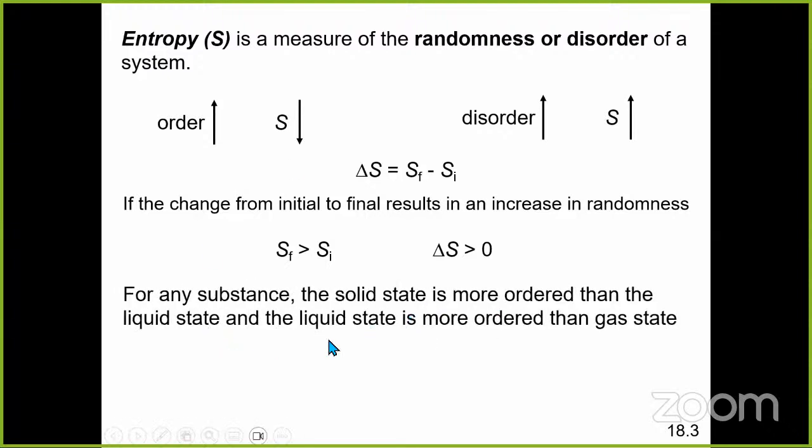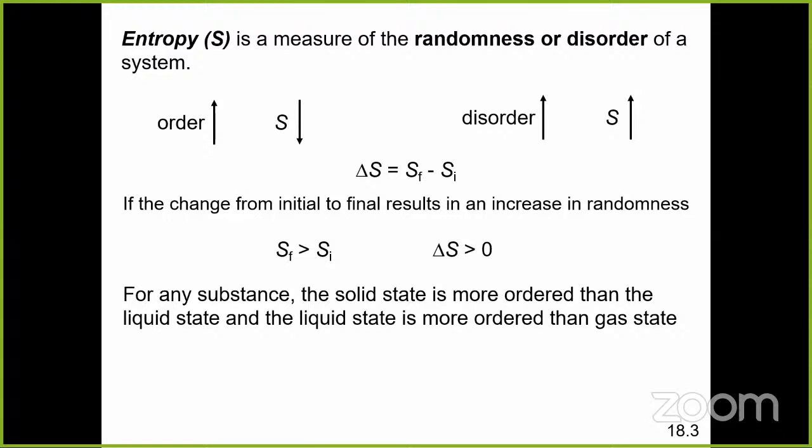So for a real example, if you have any substance that can exist in the three common states we're familiar with, solid, liquid, and gas, the solid state would be more ordered, right? If you melt the solid, it becomes a liquid, and the liquid molecules have a more random behavior in terms of movement.